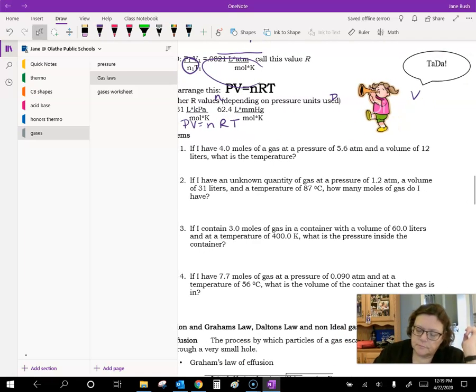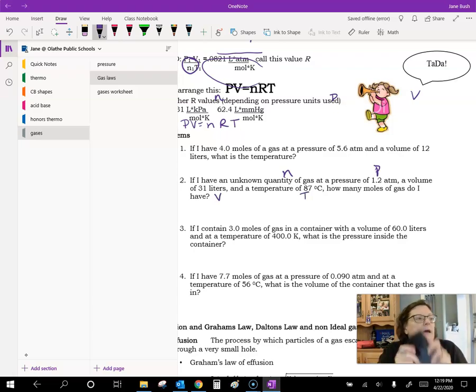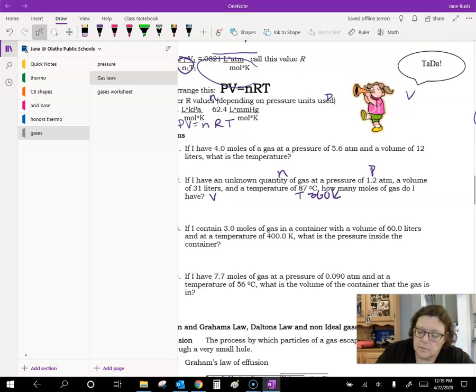Next one. I have an unknown quantity. N is what my unknown is. My pressure is 1.2. My volume is 31 liters. And my temperature is 87. 87 plus 273 is 360 Kelvin. Plug and chug.